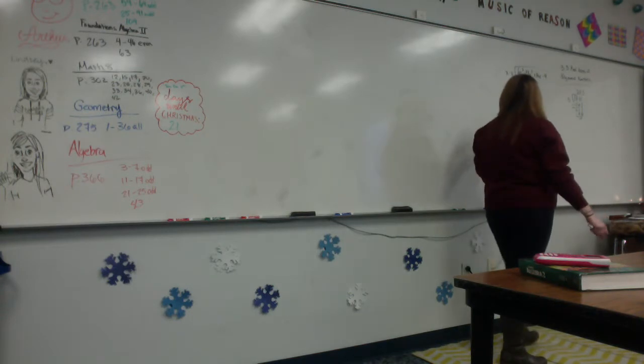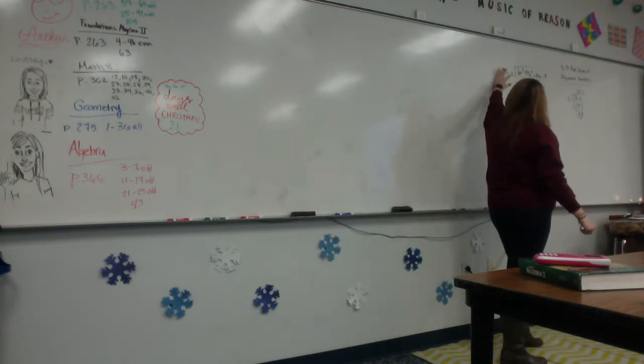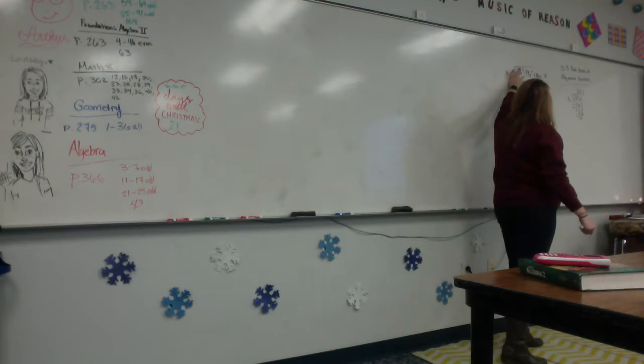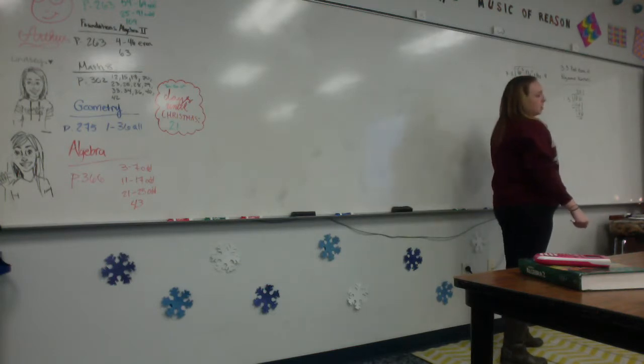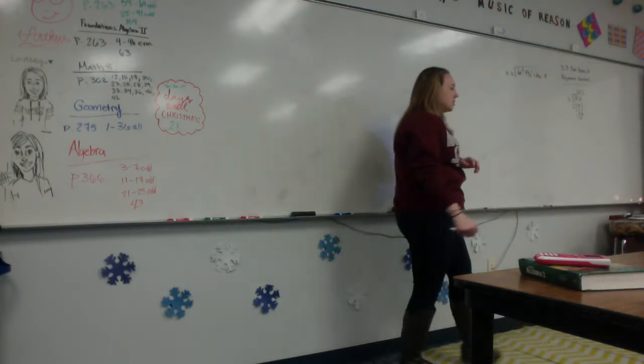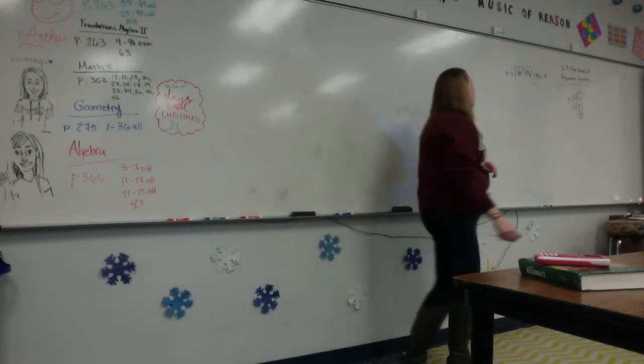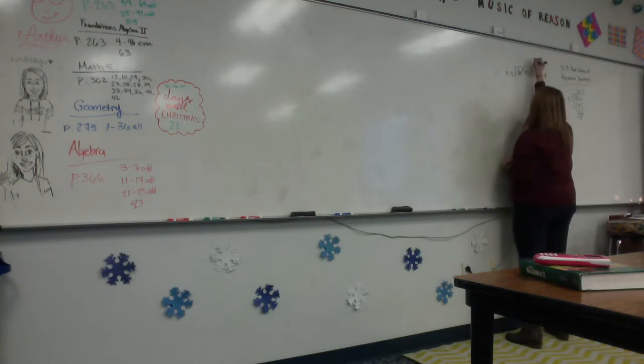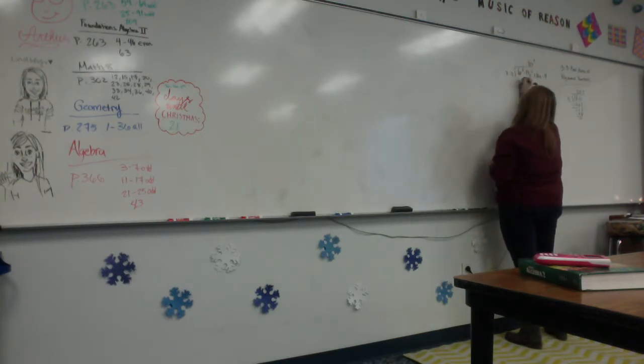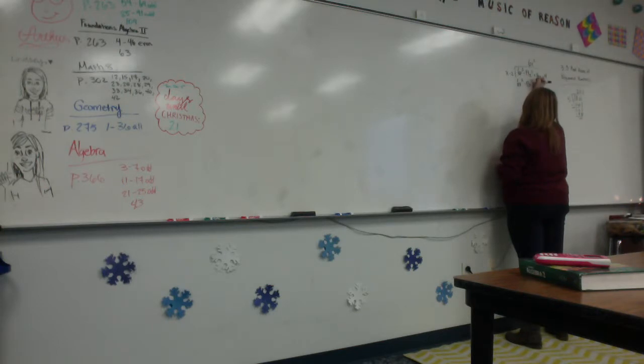So you ask yourself, what do I multiply x by to get to 6x cubed? 6x squared, yes, 6x squared. So I take 6x squared, put it there. 6x squared times x is 6x cubed. 6x squared times negative 2 is negative 12x squared.